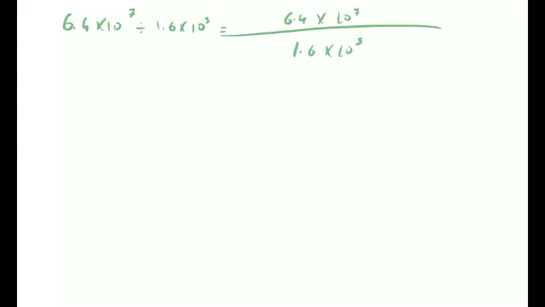So in a very simplistic manner, we know that 10 power 7 divided by 10 power 3 would give us 10 power 4, right? So what's 6.4 divided by 1.6? That's 4. Okay. Let's take another example.